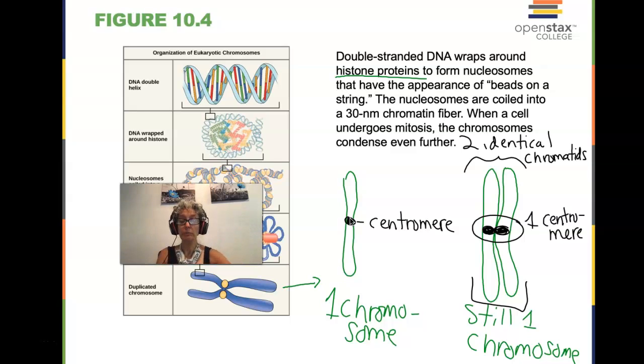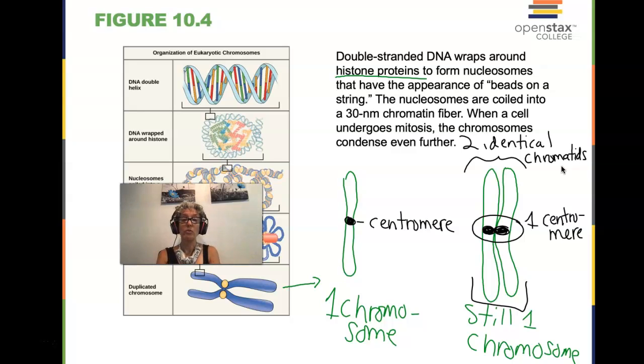And when they do, they are held together by their centromeres that fuse together. We have two identical, now they're called chromatids. And those two identical chromatids that are stuck together at their centromere is somehow still one chromosome.